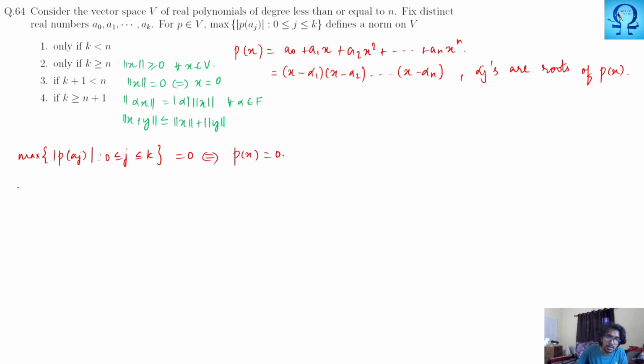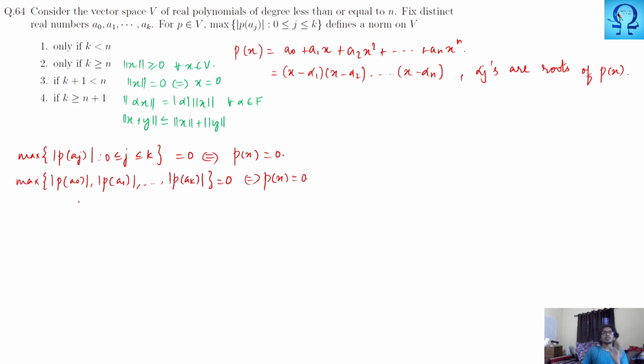It means the maximum of absolute of p of a0, p of a1 till p of ak, if this has to be 0, then this must be the case.